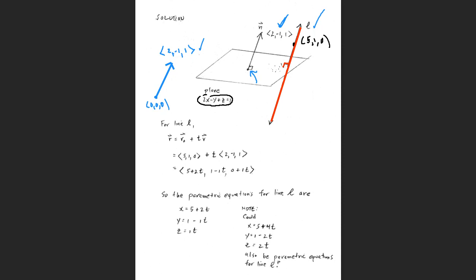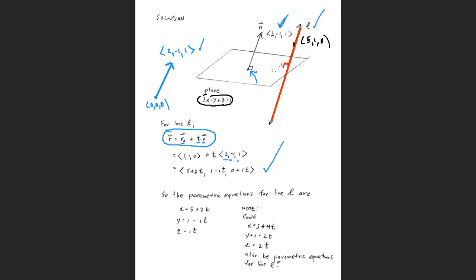The vector r, the vector equation of the line, equals r sub 0, the point on the line, plus t times a vector v. The direction vector is (2, -1, 1).